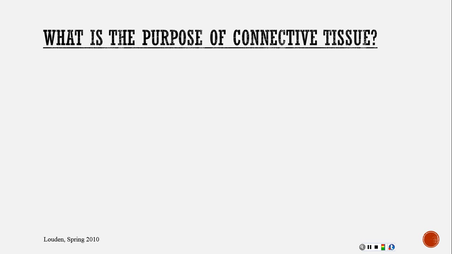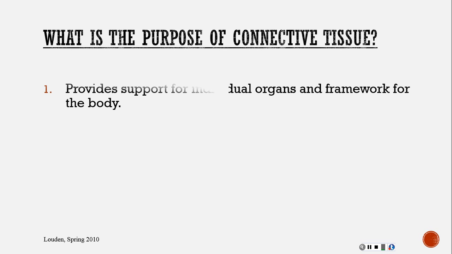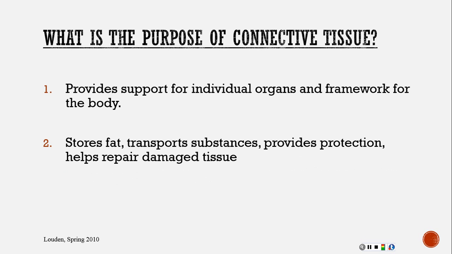Connective tissue is kind of the glue that holds the structures together. Simply put, they also store fat, transport substances, provide protection, and help to repair damaged tissue. Connective tissue disorders are often manifested as joint disorders, since joint mobility is the primary function.